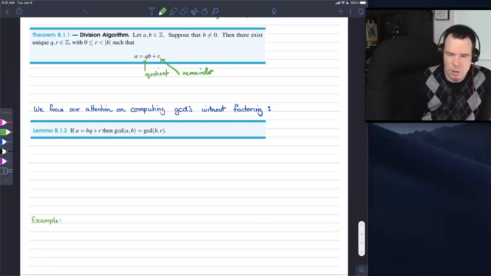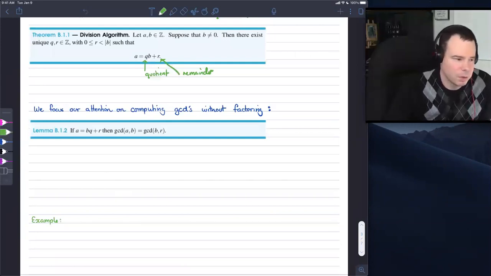And the division algorithm is really just a statement that says if you have two numbers, you can always divide one of the numbers by another one. And if it doesn't go in evenly, then there'll be some remainder left over. And so how many times, in this case, how many times b goes into the number a is given by the quotient q, and what's left over is given by the remainder r.